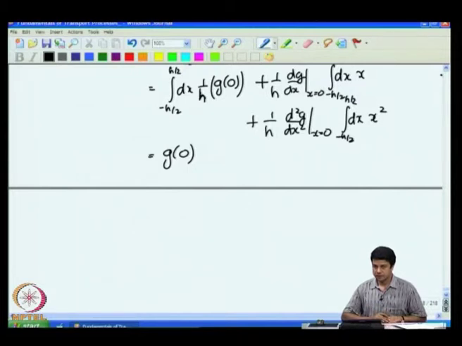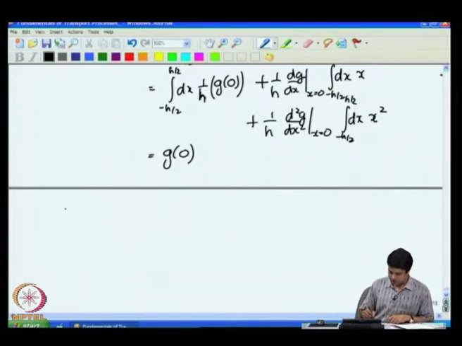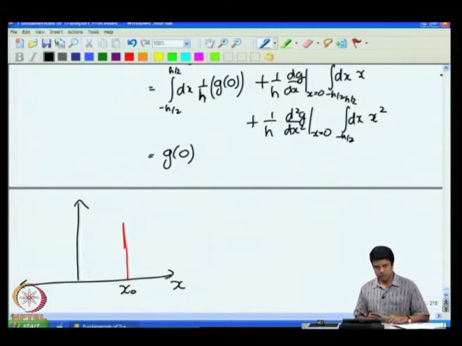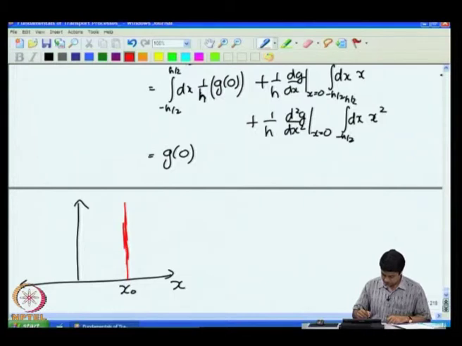So, if there is a delta function at some position x 0, the delta function will be defined at the location x 0, delta of x minus x 0.